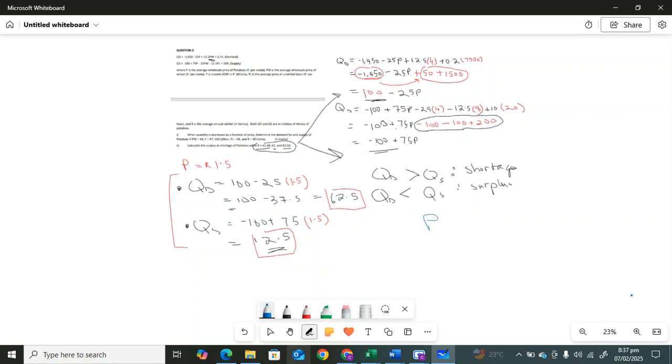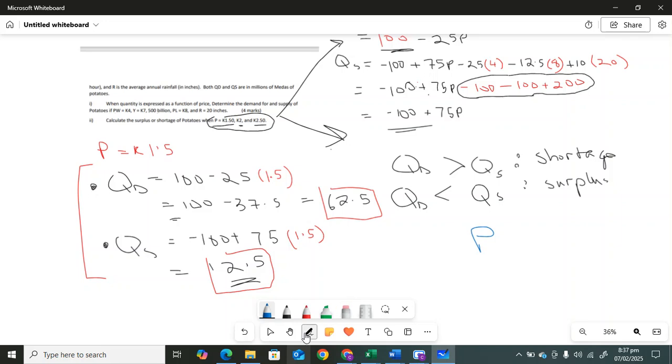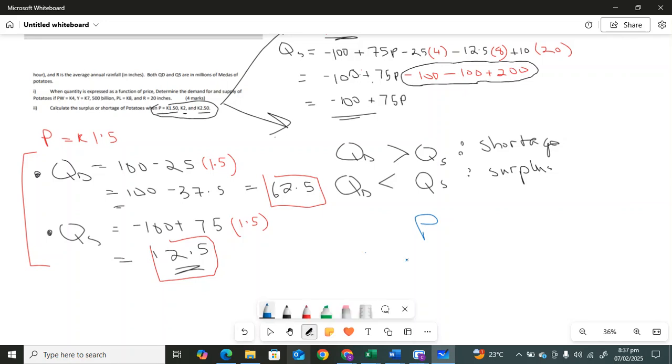When P equals 2 kwacha, so we get quantity demanded QD equals 100 minus 25. Substitute that P with 2 kwacha here.